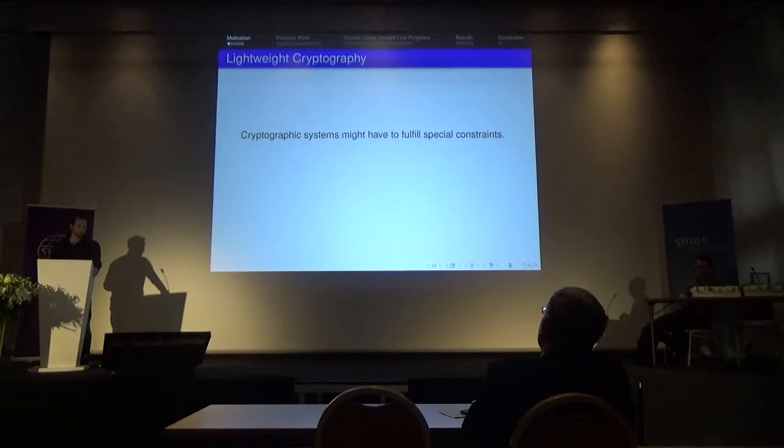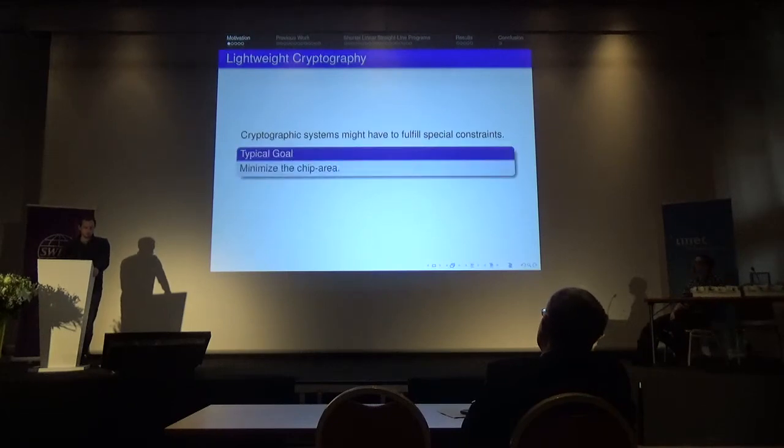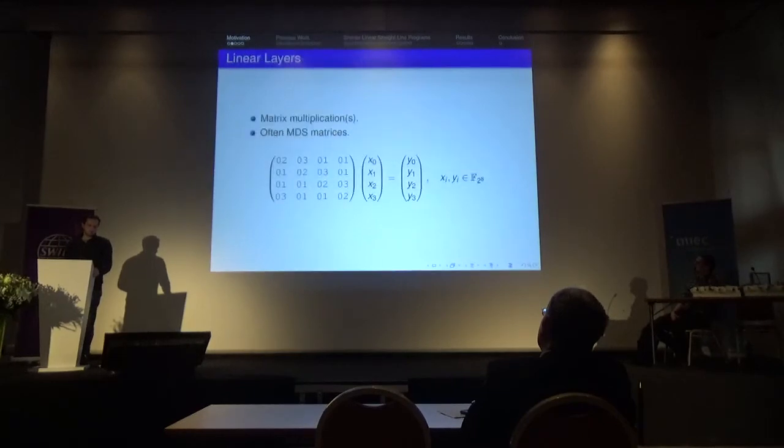We are also in this scenario of lightweight cryptography, so we have a cryptographic system in some constrained environment, and we also, like the previous talk, have the typical goal of minimizing the chip area of the implementation. And we're going to focus on linear layers here, which is one of the main building blocks of most symmetric primitives.